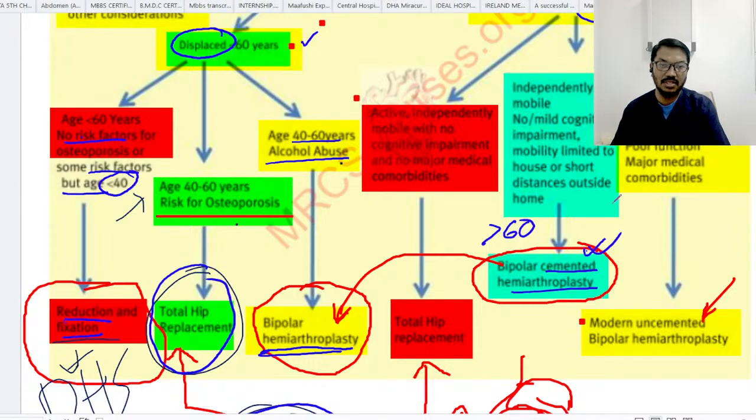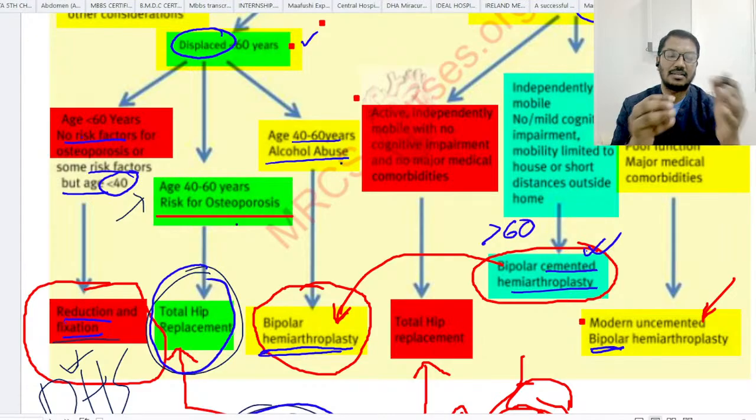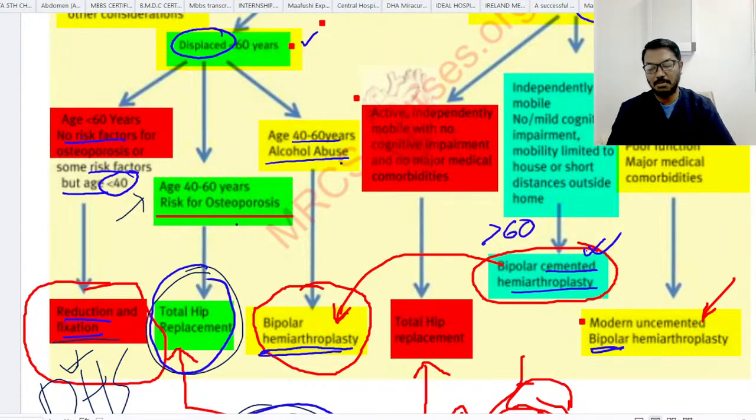That's why for them we also replace the hip joint, but we don't give any cement. That's why it is modern uncemented bipolar hemiarthroplasty. This is something risky, and the joint doesn't become that strong. There is a chance of displacement again. But what to do? We cannot give them cement.